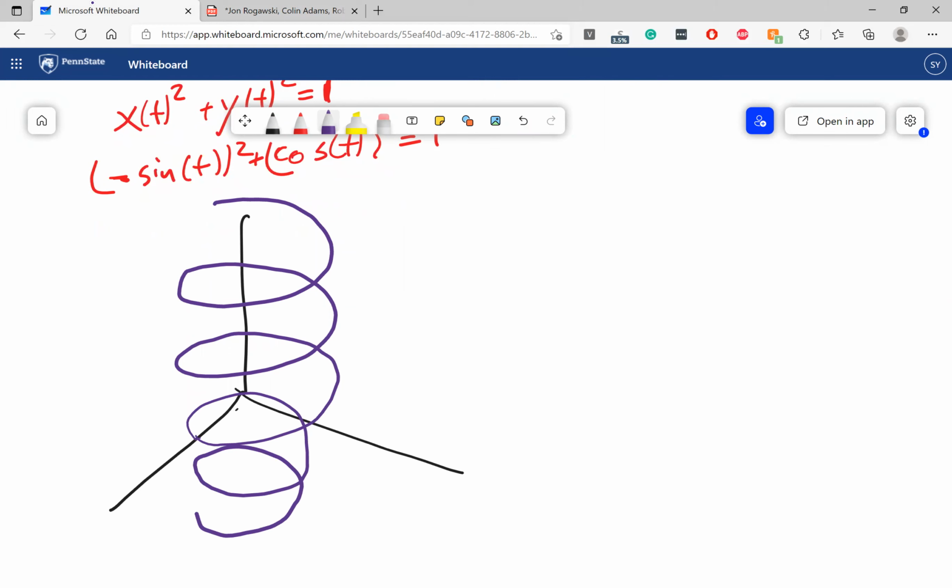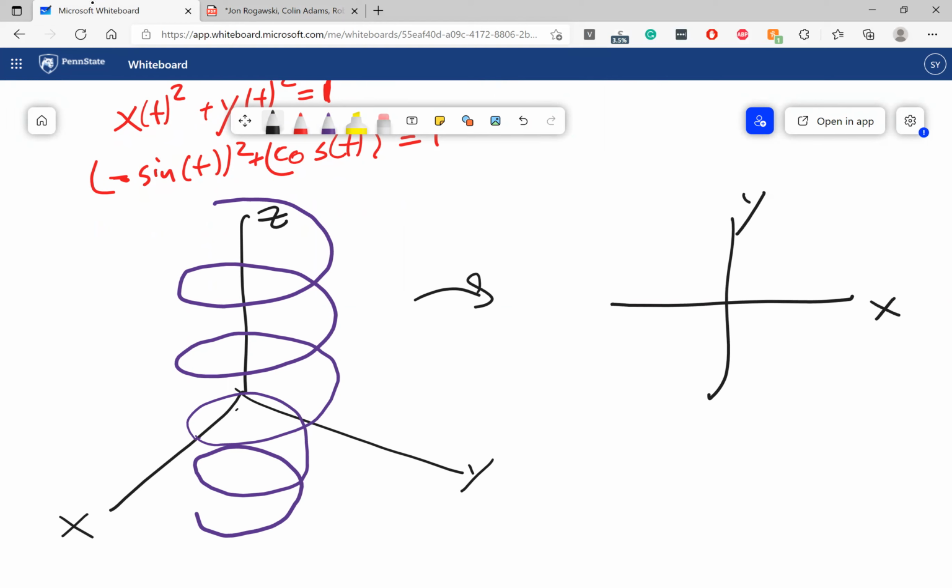So again, we get this circle, same thing as before, in the x and y dimension. Here's your x, here's your y, and here's your z. If I projected this entire thing down into the x, y dimension, I would just get a circle. So that's how this thing would look from above.